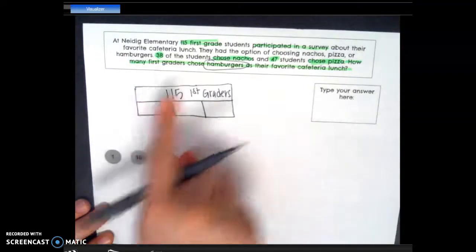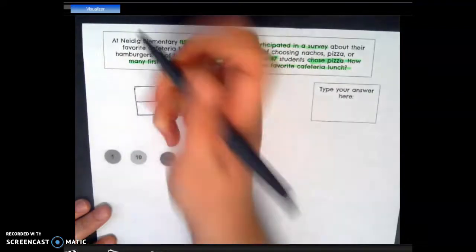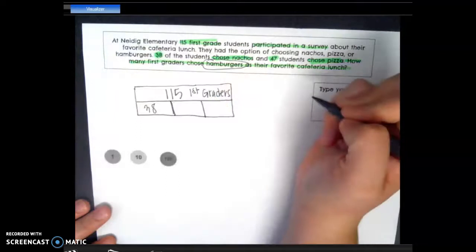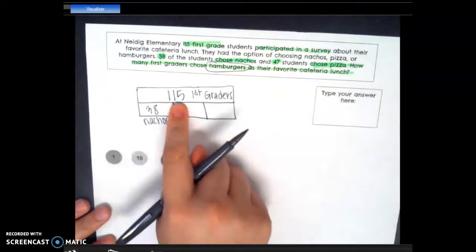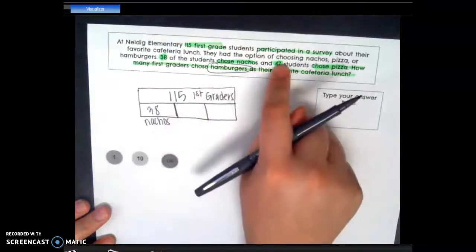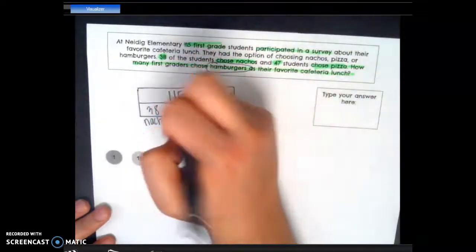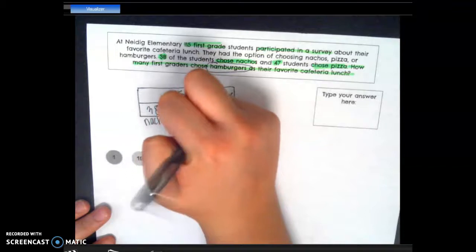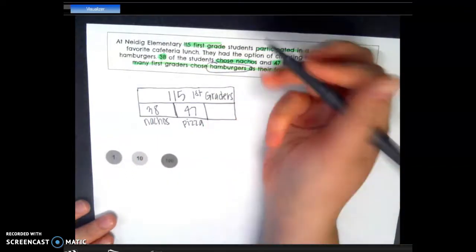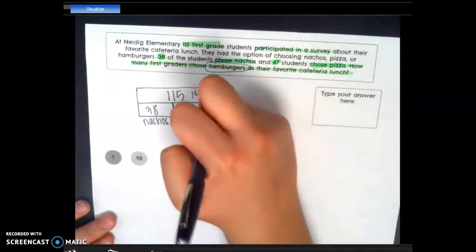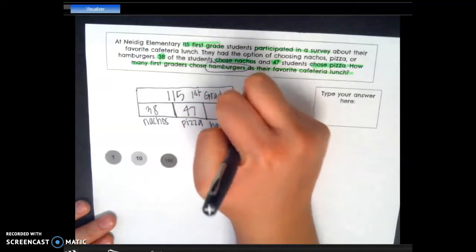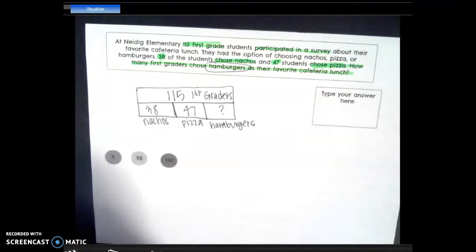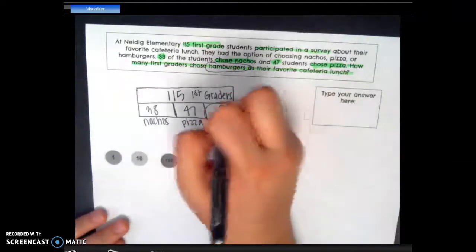Of your 115 students, 38 chose nachos. Of your 115 students, 47 chose pizza. I do not know how many students chose hamburgers. That is what you're trying to figure out.